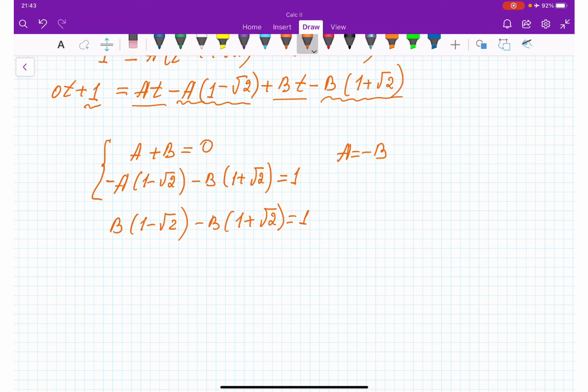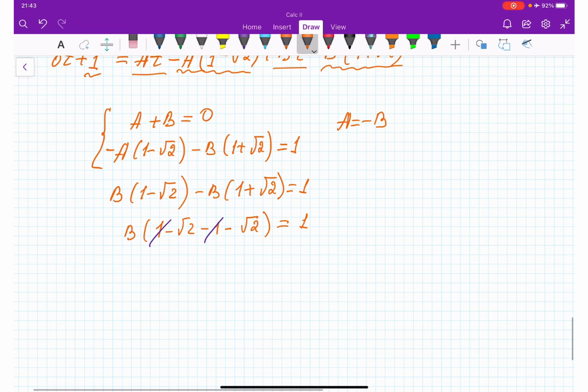Taking b out as a common factor, and I have 1 minus square root 2 minus 1 minus square root of 2 equal 1. So 1 and 1 is gone, and we have negative 2 square root 2 times b equal 1.